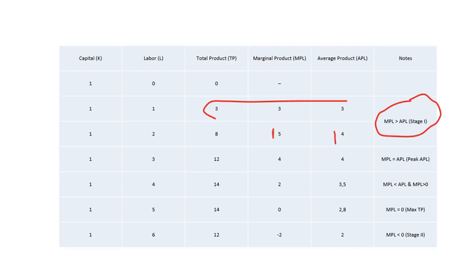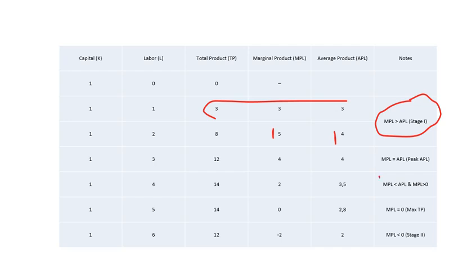In this stage, the additional worker adds more than the average, which makes the average increase. And an increasing average means that the total product is increasing at an increasing rate.